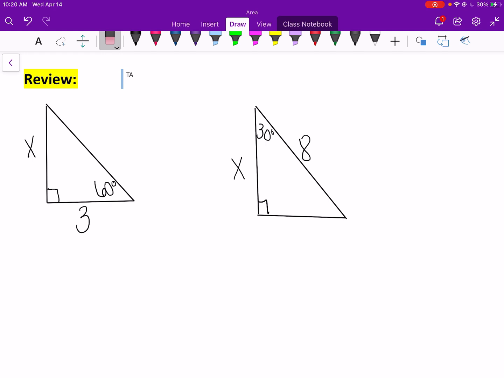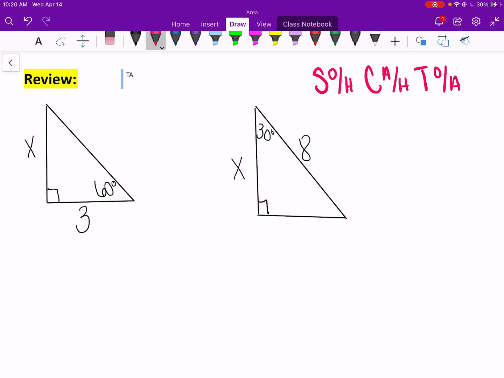So I'm going to go ahead and use that to solve these two problems. So remember, sine is opposite over hypotenuse. Cosine is adjacent over hypotenuse, and tangent is opposite over adjacent. So SOHCAHTOA.